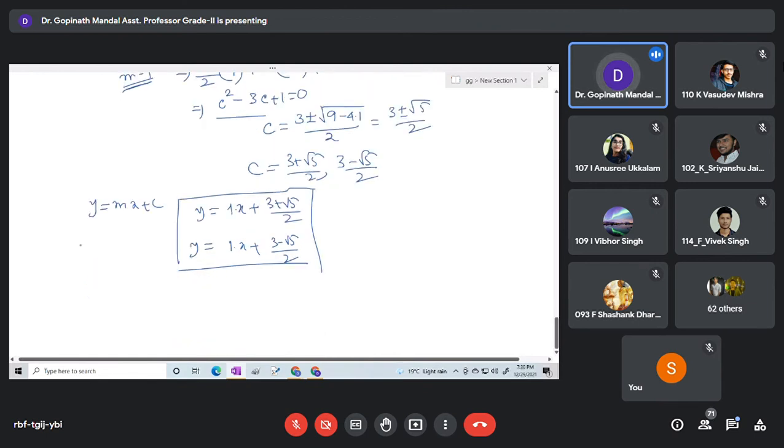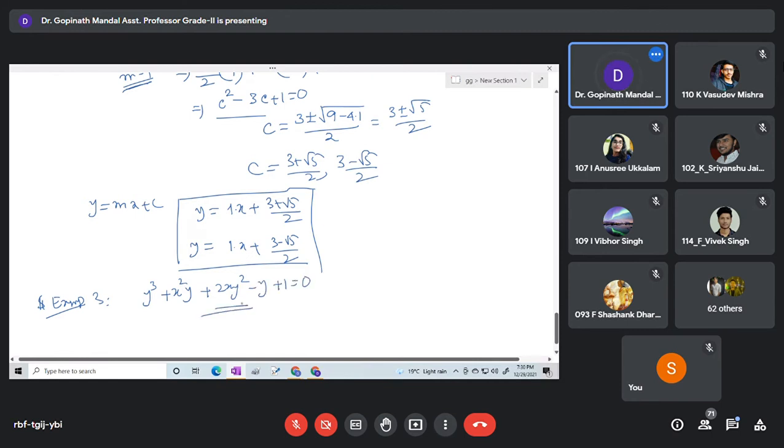Now example 2. Find the asymptotes of y cube plus x square y plus 2xy square minus y plus 1 equal to 0.